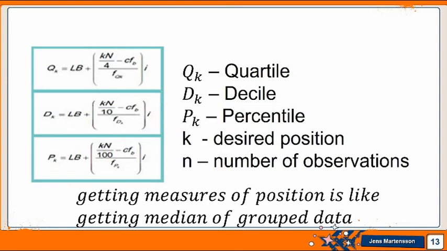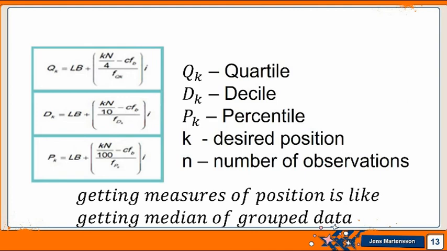Wherein, you should start with K N over 4 or K N over 10 or K times N over 100 for you to be able to locate the rest of the data, because it will be your median class or quartile class or decile class or your percentile class. So on this part of measures of position, you should master how to get the median of the grouped data.